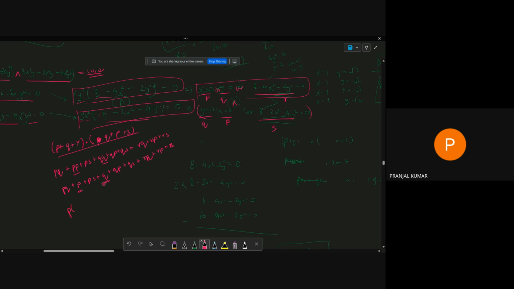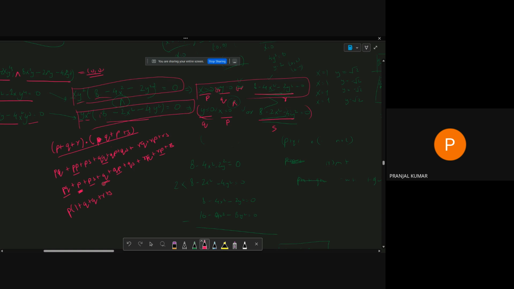So p times, I will collect this, this, and this. When I take p common, I will get 1 for this plus q plus this q, then this pr. So I've collected this term.